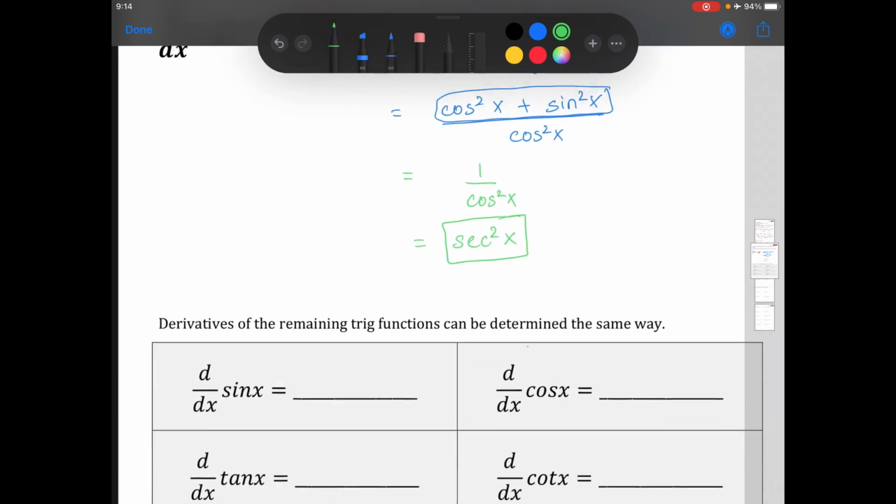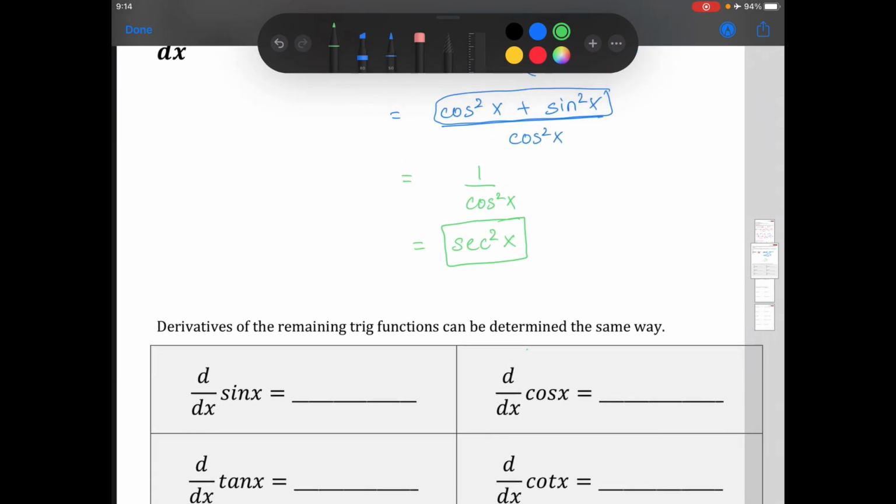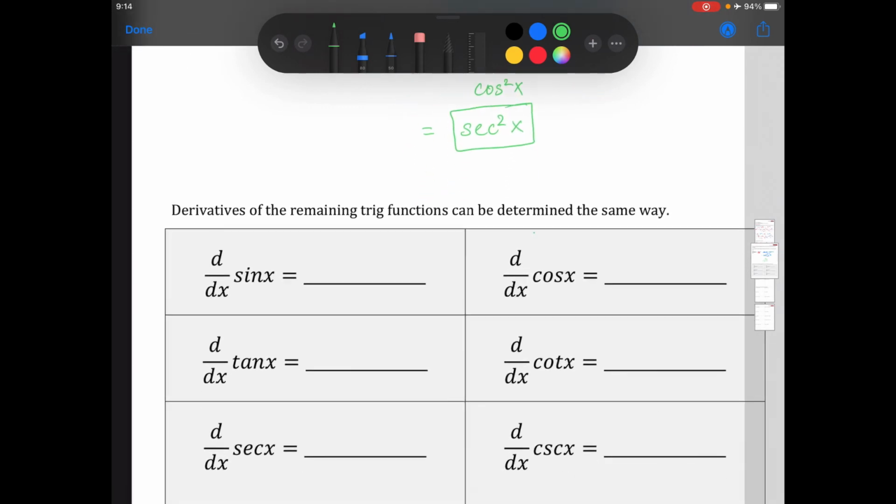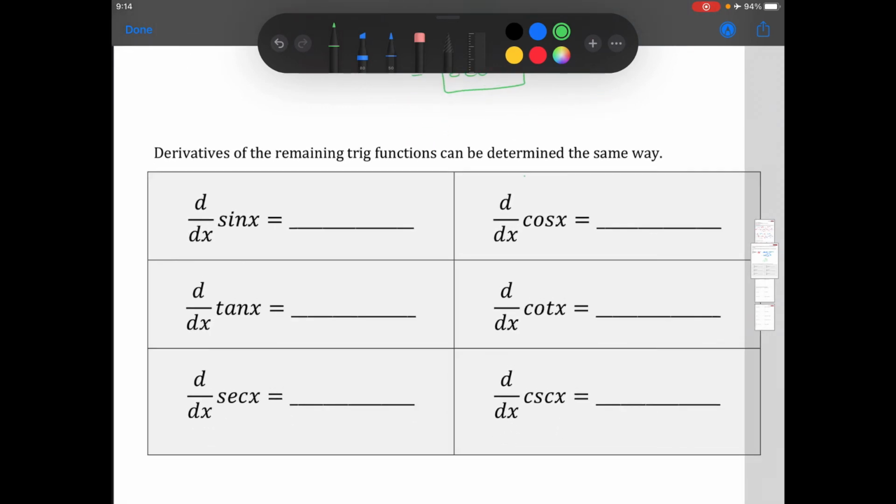The derivatives of the remaining trig functions can be determined in the same way. So we're not doing that, as I told you. I'm just going to give you the derivatives of each one of them. We already saw 3 of them. I'm going to give you the other 3. So we know the derivative of sine x is cosine x. The derivative of tangent x is secant square x.